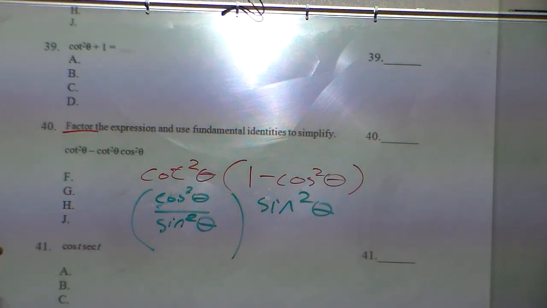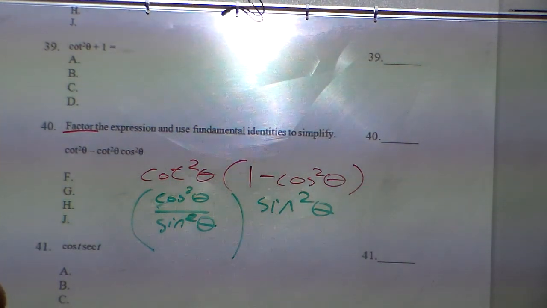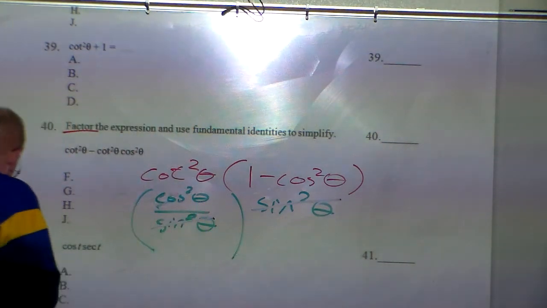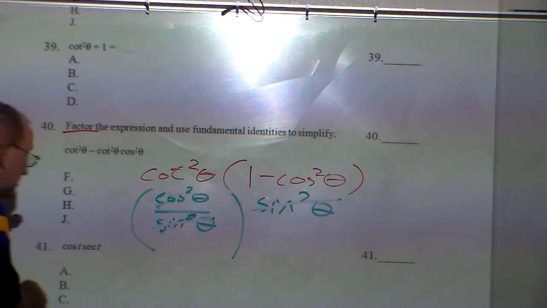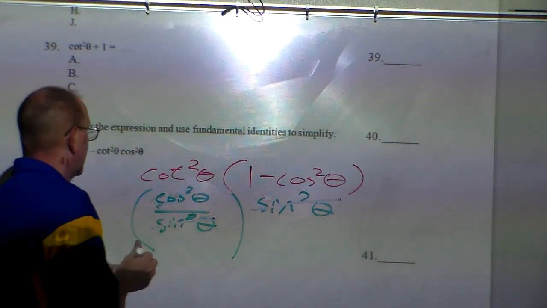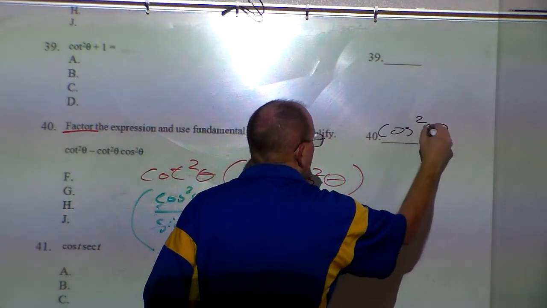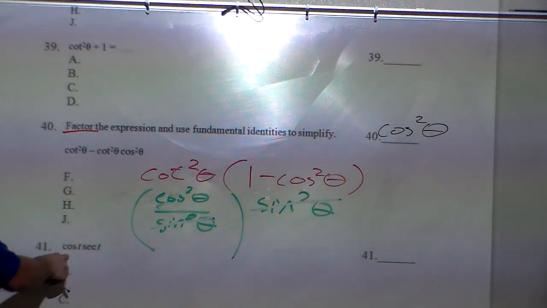And why do you think that was important to make that a quotient? Because now what's going to happen? The sine squareds will cancel out. But they'll cancel out, leaving you just what for an answer? Cosine squared theta.